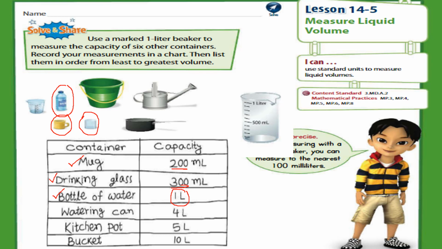Then a watering can, which we use to water the plants, its capacity was 4 liters. And then a kitchen pot. You can choose any kitchen pot from your kitchen and measure the capacity. The one I measured had 5 liters of capacity. And then a bucket. You can choose any bucket you have at home, and the bucket I have at my home has a capacity of 10 liters.